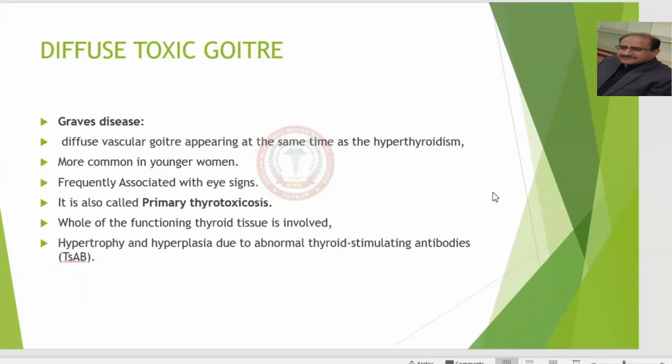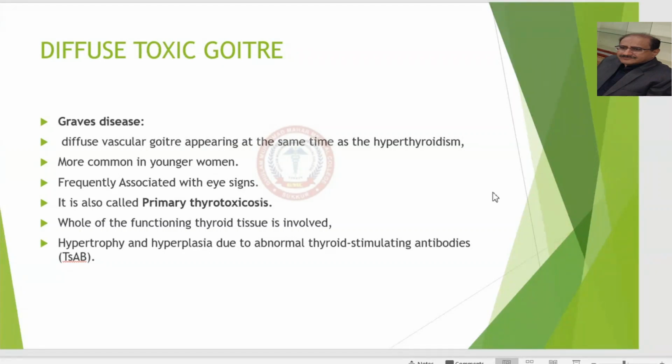The goiter is vascular, a generalized enlargement, with increased vascularity, and it is present at the same time as the hyperthyroidism.